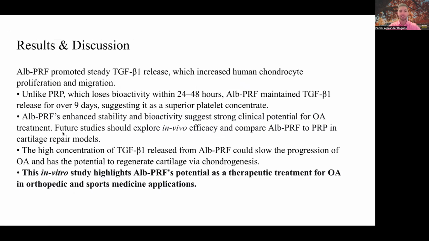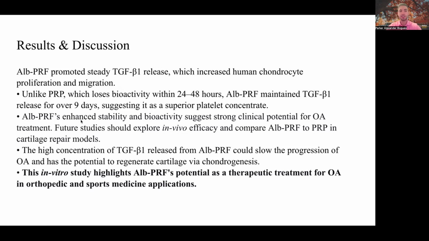So results and discussion. The albumin and platelet-rich fibrin treatment promoted the steady release of TGF beta 1, which is that very important growth factor. And it also increased human chondrocyte proliferation and migration. So unlike PRP and earlier iterations of PRF, which typically lose bioactivity within 24 to 48 hours, meaning that initial growth factor release drops off, albumin platelet-rich fibrin maintained this release of this very important growth factor over 9 days, suggesting it as a superior platelet concentrate, at least in vitro.